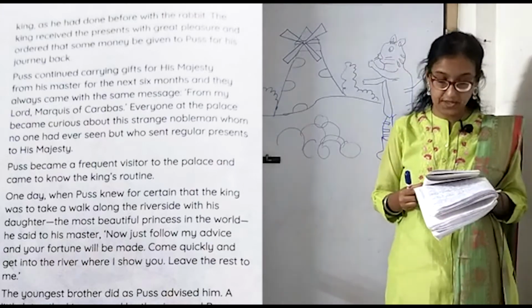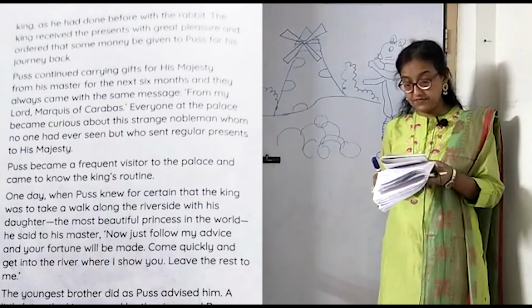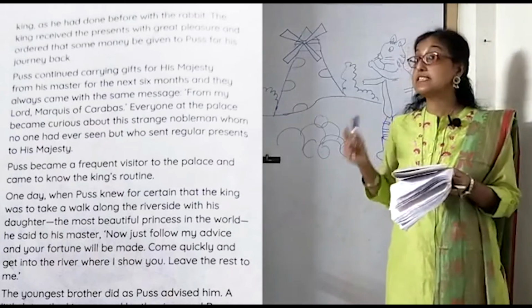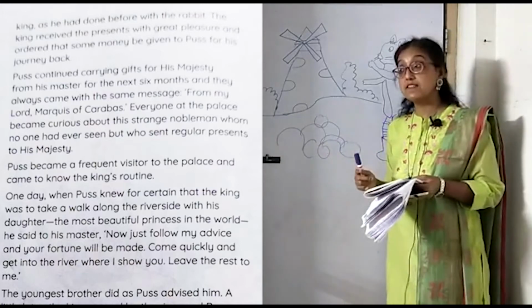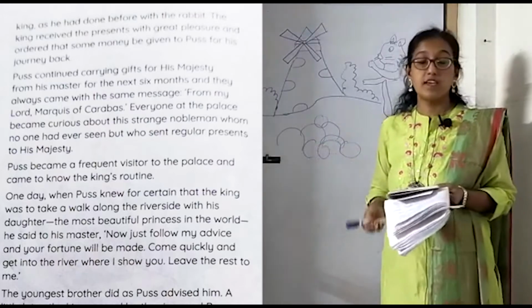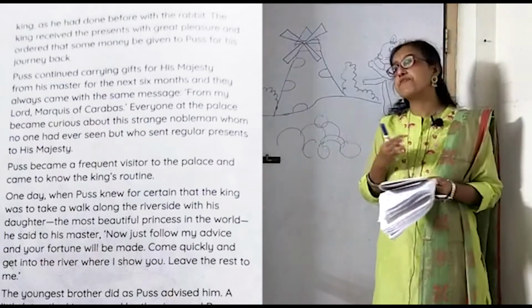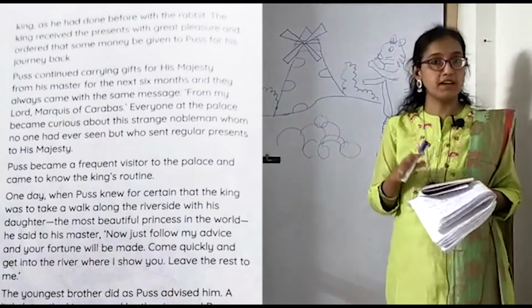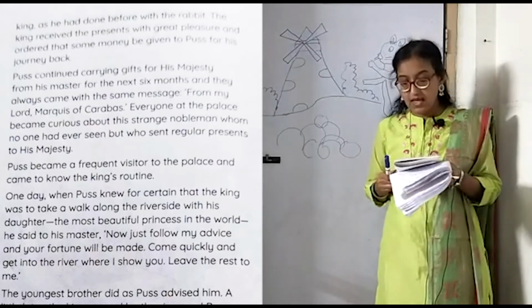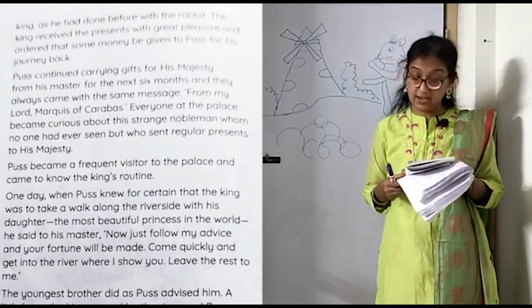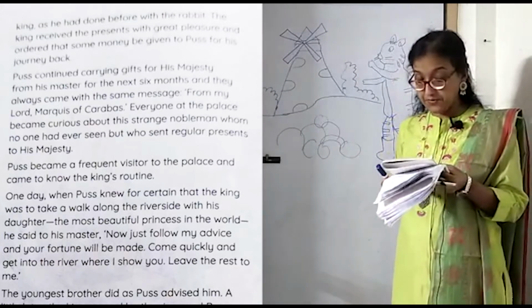Puss continued carrying gifts for his majesty from his master for the next 6 months. That means he took quite a lot of time to impress the highness and bring him in favor of the Marquis of Carabas and the existence of the Marquis of Carabas. And they always came with the same message from my lord Marquis of Carabas.